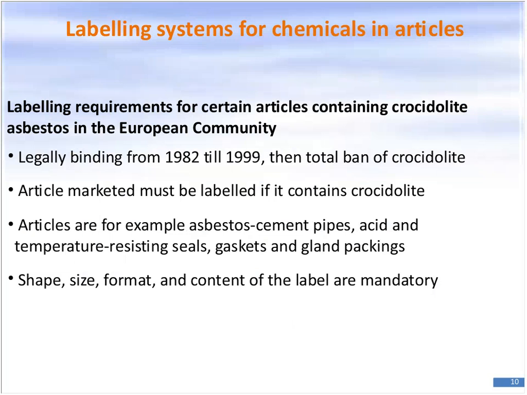So it's a historical example, but it was the only example I could find where there was a legal obligation on how articles that were marketed must be labeled if they contained crocidolite. These were asbestos cement pipes and acid and temperature resistant seals, gaskets, and gland packing. The shape, size, format, and content of the label was mandatory. Next slide.